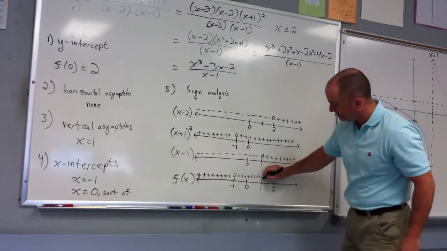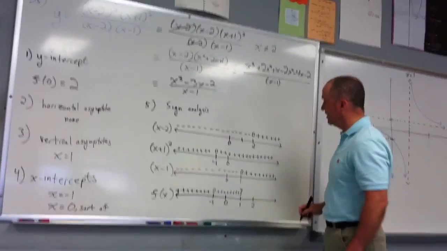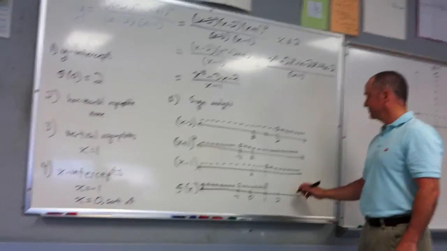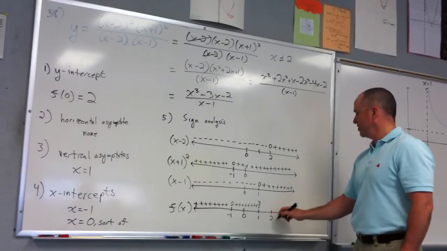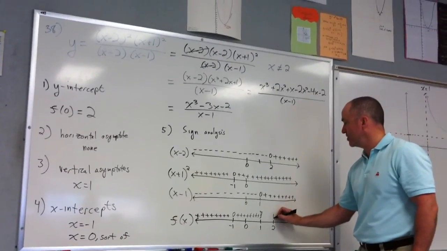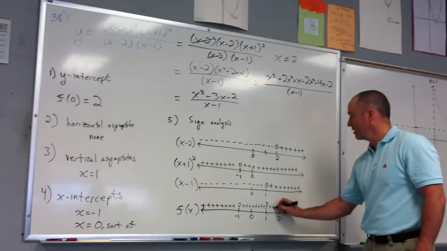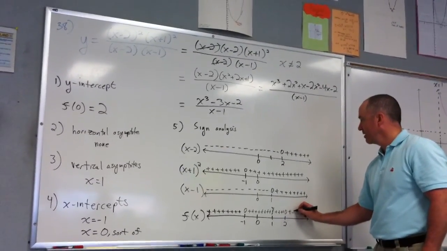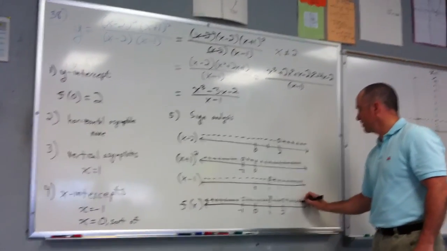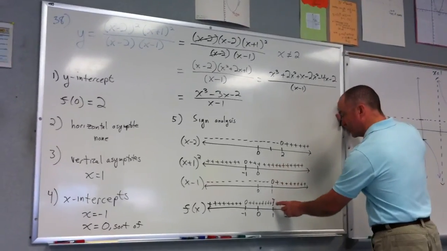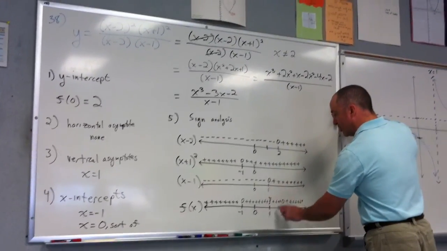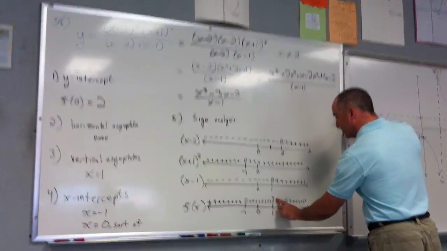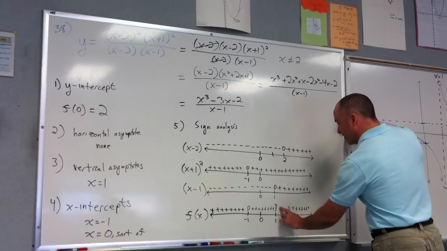It's undefined. And from 1 to 2, let's see, at 2 I have another 0 in the numerator. So that's gonna be negative. Oh wait, where's it going to be negative? I did mess up. Thank you. From 1 to 2, it will be negative, and then anything from 2 is positive. Very good. Thank you, Noah.